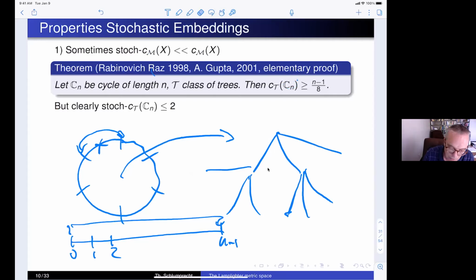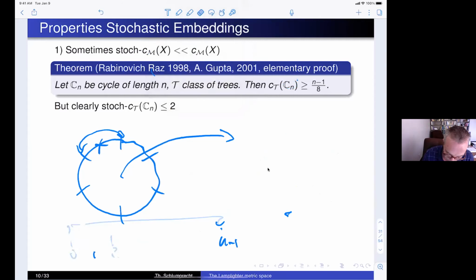Okay, so you do this map for every x, and then you average.